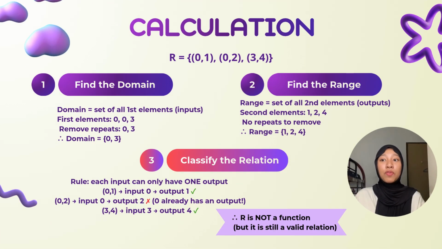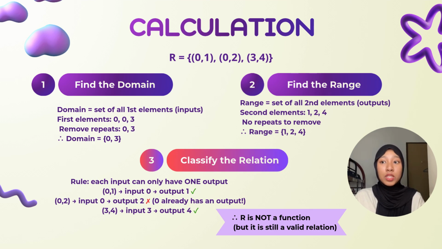Now, let's prove this through calculation using the same relation from our previous slide, which is R = {(0,1), (0,2), (3,4)}. First, step 1, we need to find the domain. The domain is the set of all first elements or inputs in each ordered pair. Looking at our relation, the first elements are 0, 0, and 3.